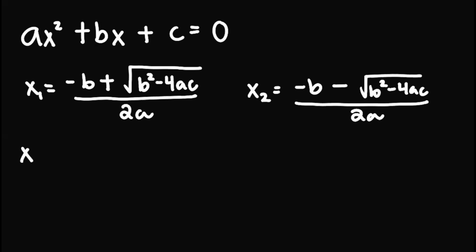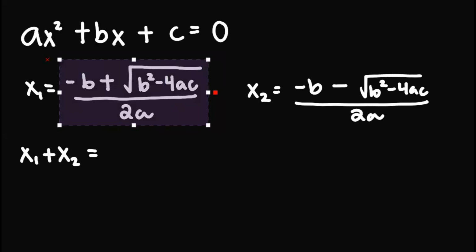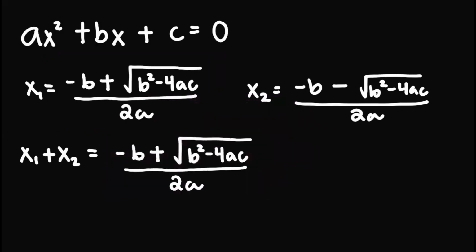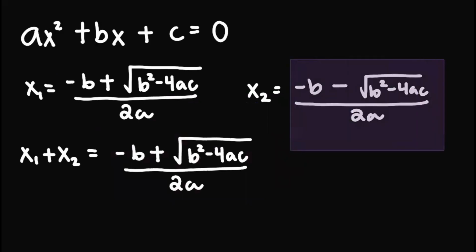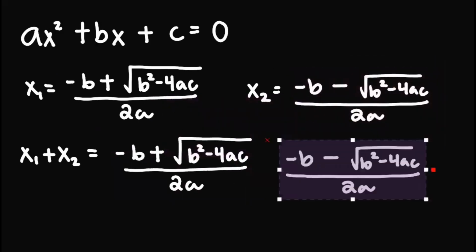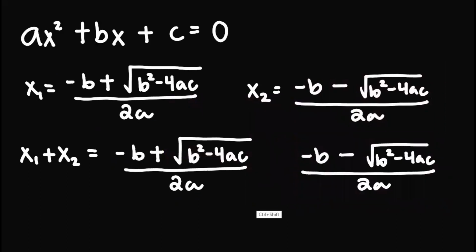Let's have x1 plus x2. If we add the 2 roots, we'll have this plus this. So let's copy that one. So we'll add these two up.